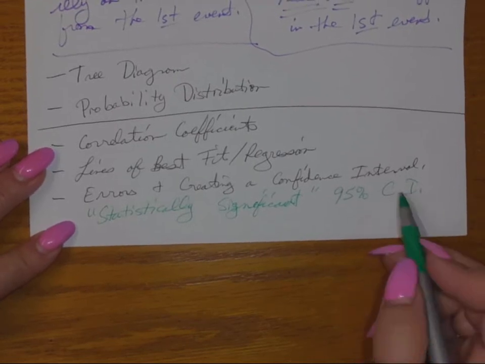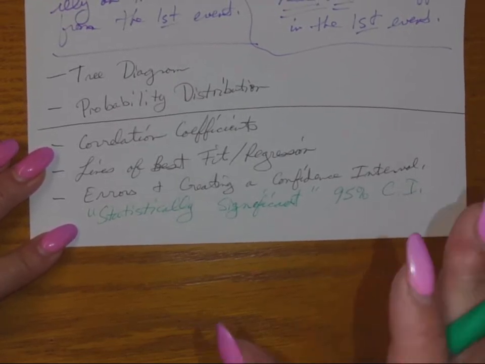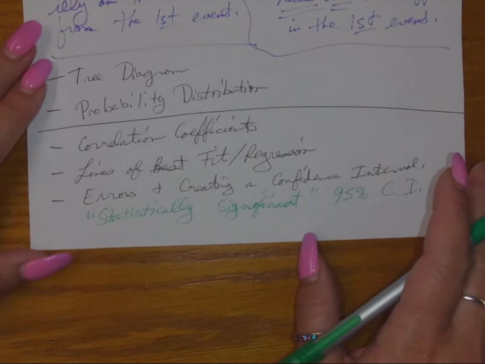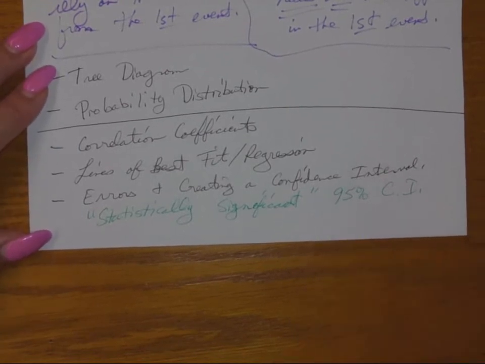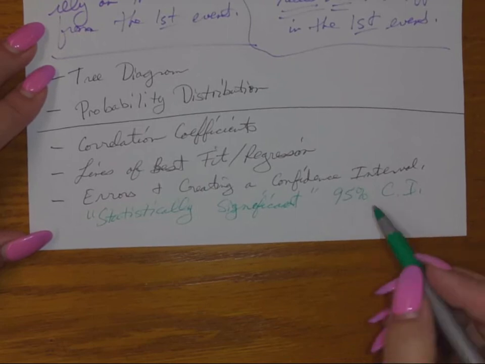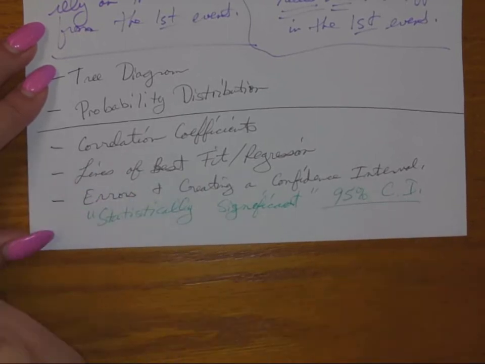Meaning that there's only a 5% chance that whatever we came up with was by happenstance, by chance. In other words, the stuff that we came up with was absolutely, we meant for that to happen, right?